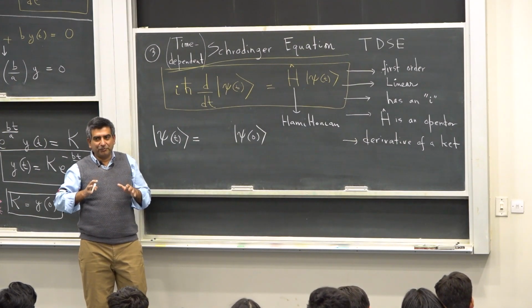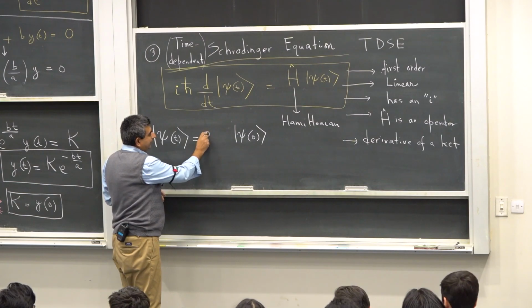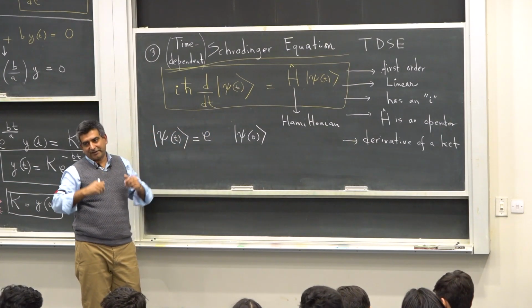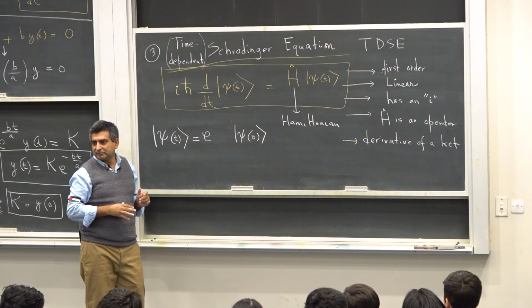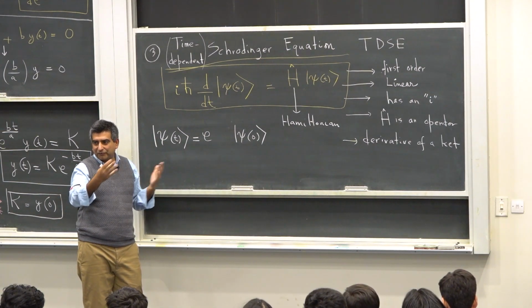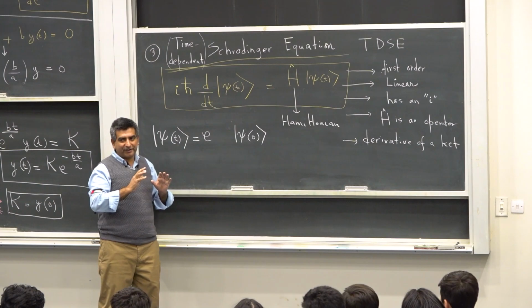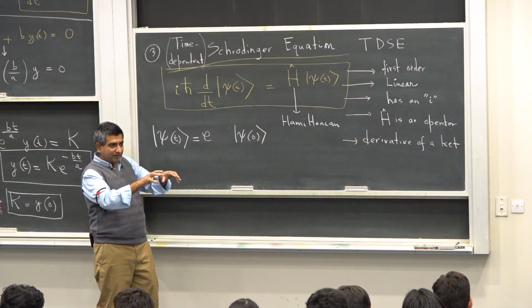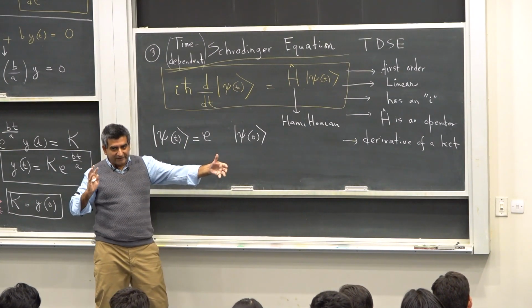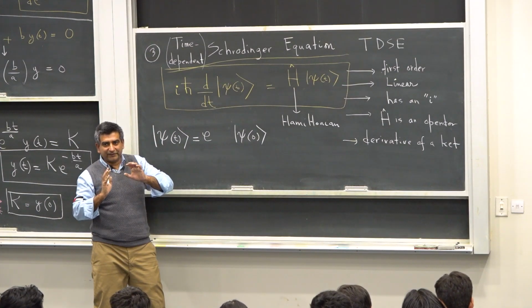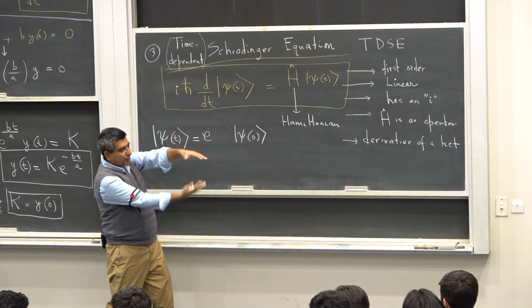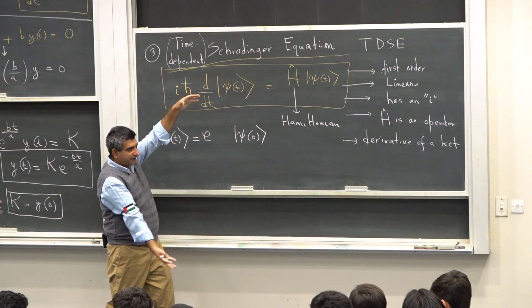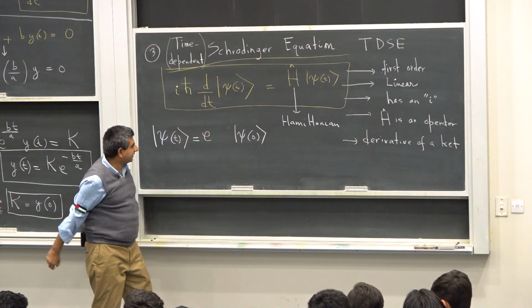So I need to have an operator that acts on this ket. So I need to put the operator on the left of this ket. That's what we've been doing so far in this course. If you have an operator, it acts on the ket from the left. The operator is the predator and the ket is the prey. So it just opens up its claws and devours the state.